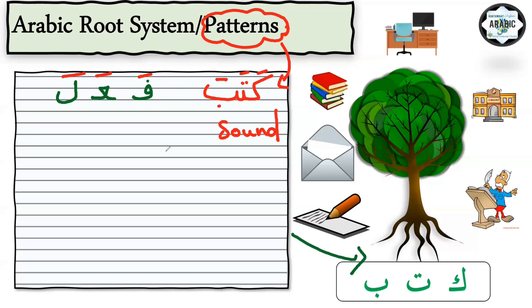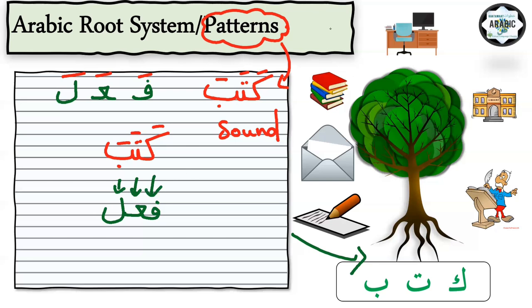So if I'm writing the verb kataba, to write, and I want to find the pattern of kataba, I use fa for kaf, ayn for ta, and lam for ba.